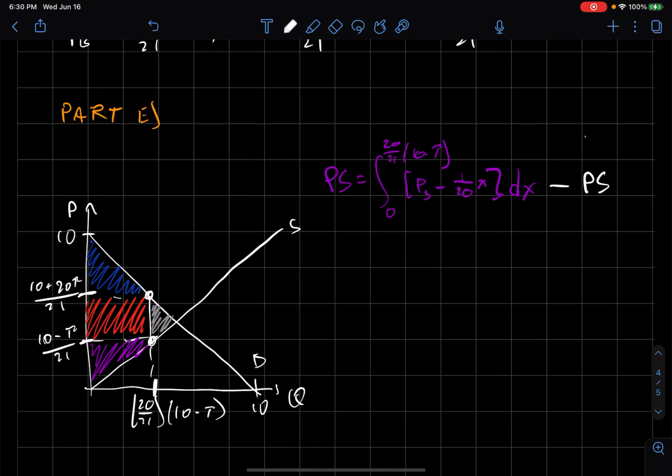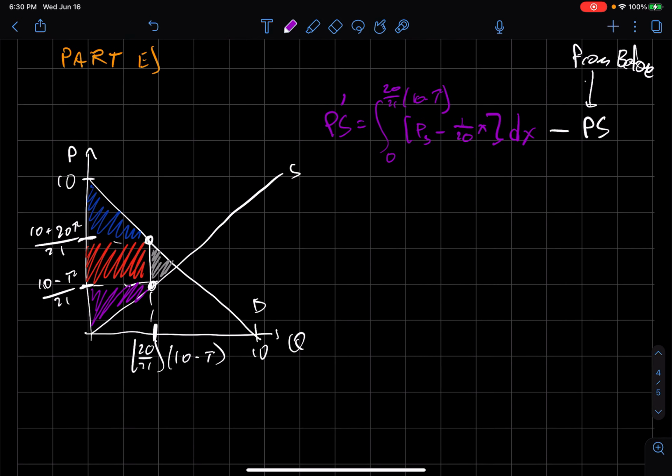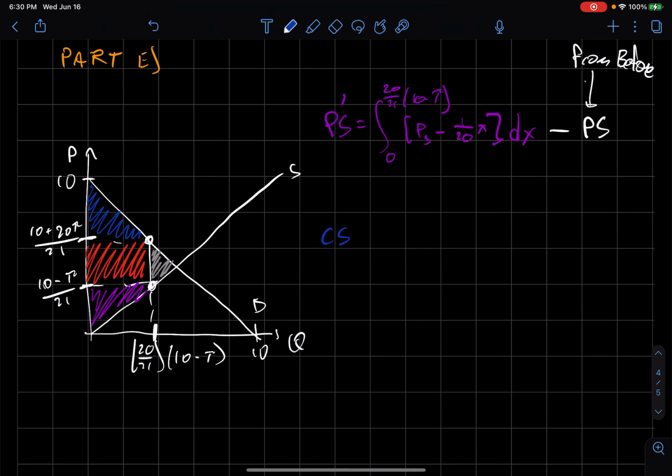Call the earlier value PS prime. Okay? So then consumer surplus prime is equal to the integral from 0 to 20 over 21 times 10 minus tau. And here we go from the demand curve, which is 10 minus x, to the price for the buyer.